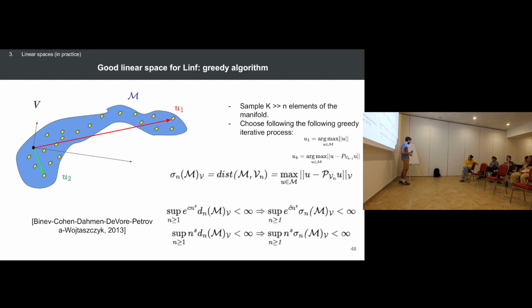Well, that depends on the method. Here, because of how we are building this space with the greedy algorithm, it will always be an element of the manifold, because at the beginning we sample things from the manifold. So all these samples are from the manifold, and once we are building this, we are always picking things from this sample data. So all of them belong to the manifold.